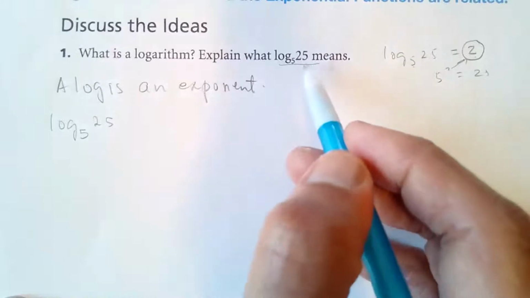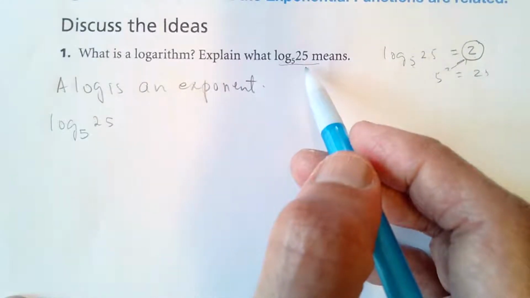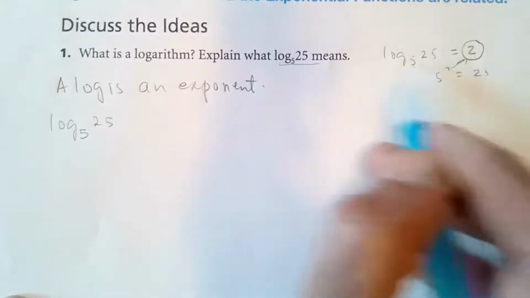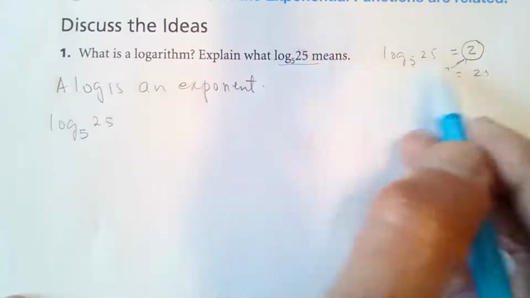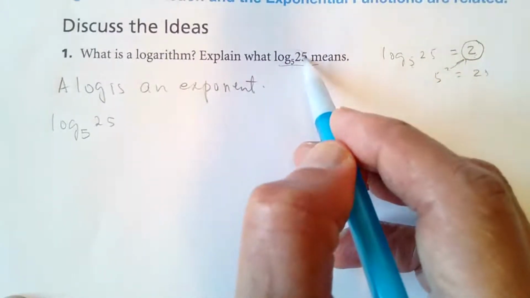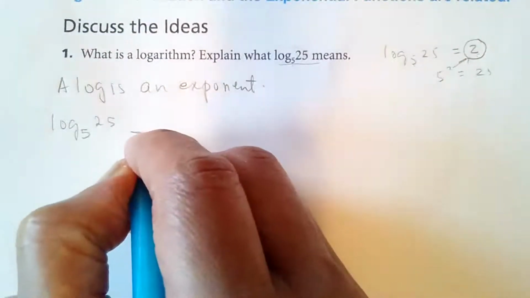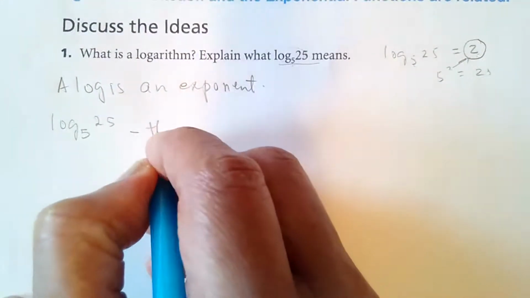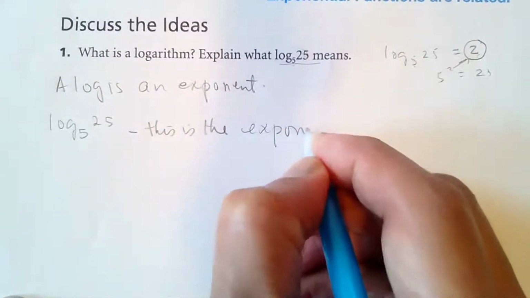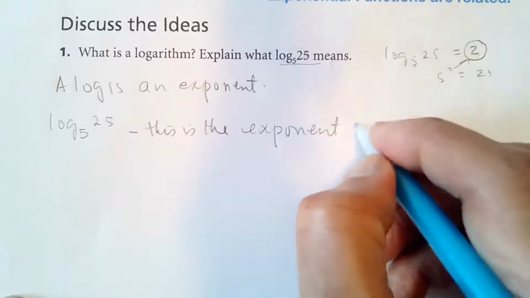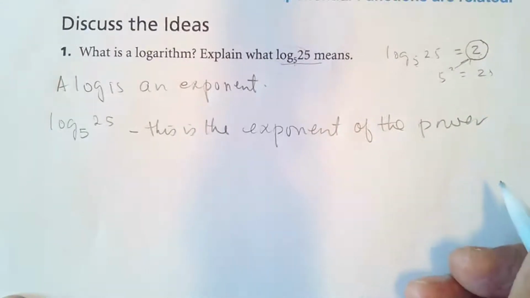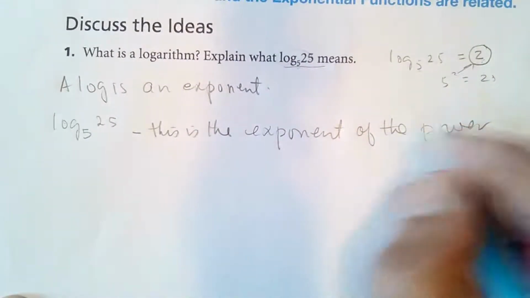This is the exponent, the power to which 5 is raised to give 25. So this is equal to 2. In this case, the exponent will be 2.